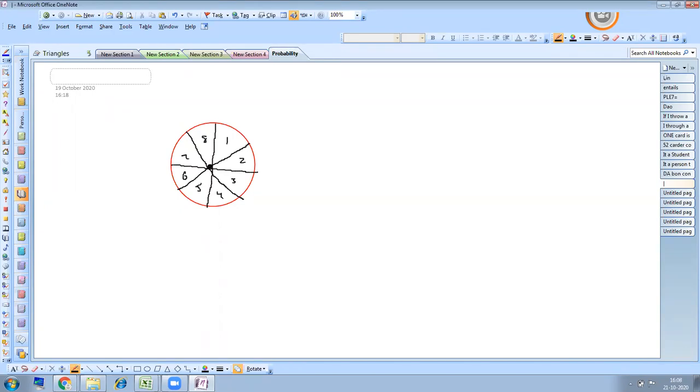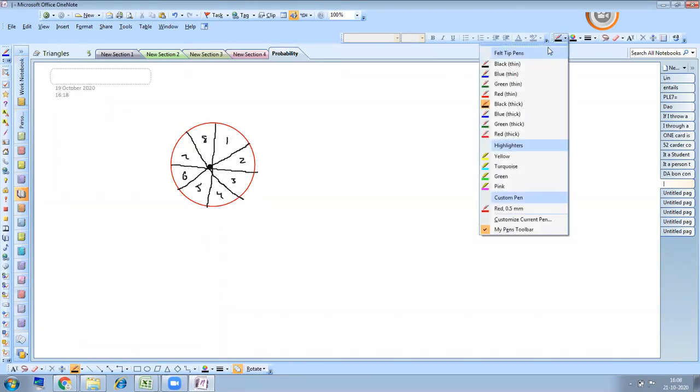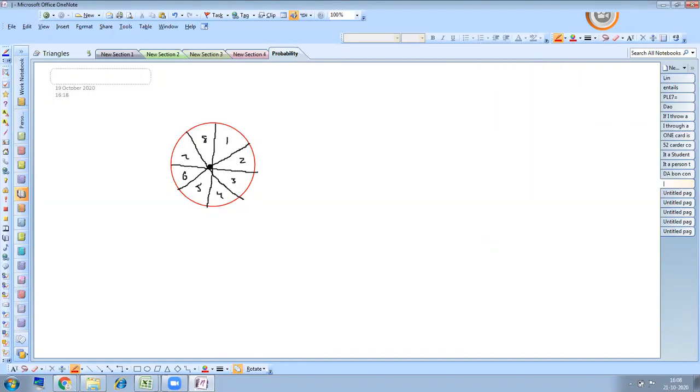It is fixed at the center and freely rotating. There is a pointer. If I spin this, the pointer will show any one number. If I spin, what is the probability of getting the pointer on 8?